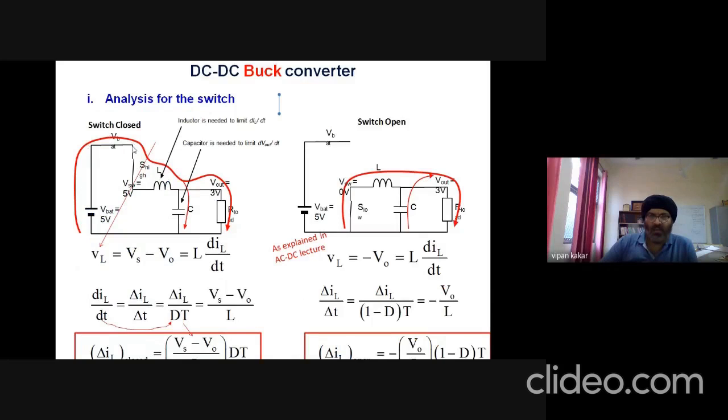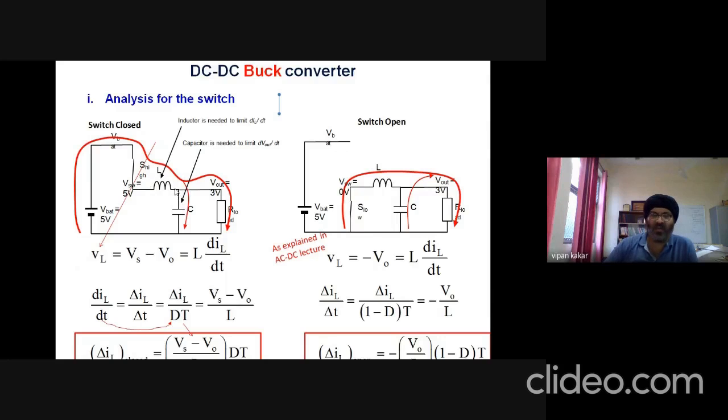Okay, so we have to analyze this converter in two stages. One is when the switch is closed, or on, and the other is when the switch is open. Now when the high switch is on, this battery is connected to the load through this switch, and the inductor starts to get energized.